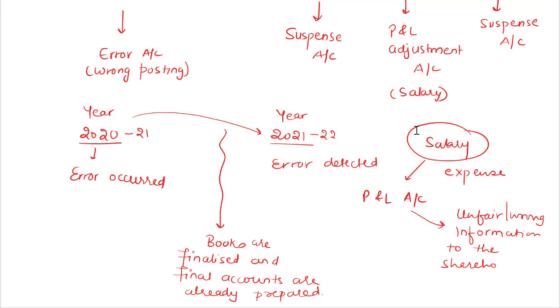So what we need to do over here is not adjust using the P&L account, but open a profit and loss adjustment account. So the one who is reading the books of accounts should understand that this is an adjustment entry, and because there was an error in the previous year 2020-21, and in the current year the error is detected, we have adjusted it using the profit and loss adjustment account.